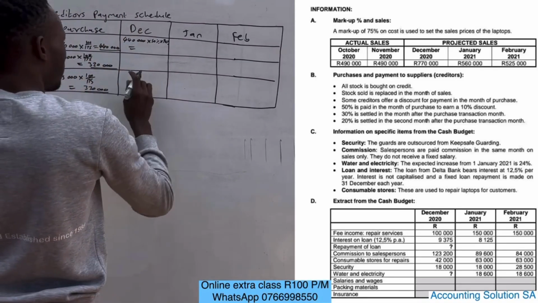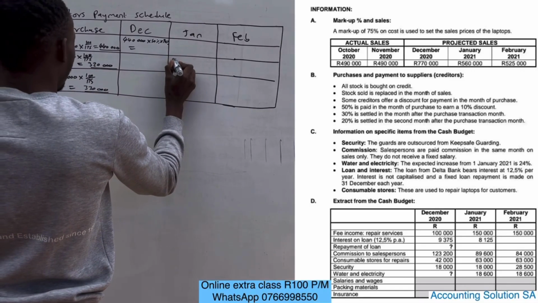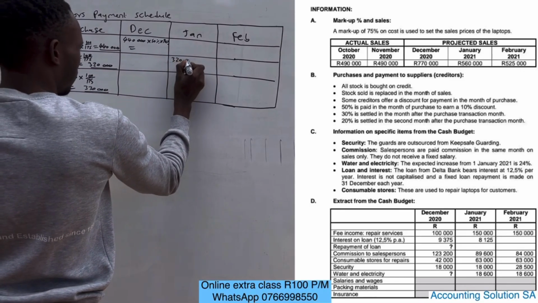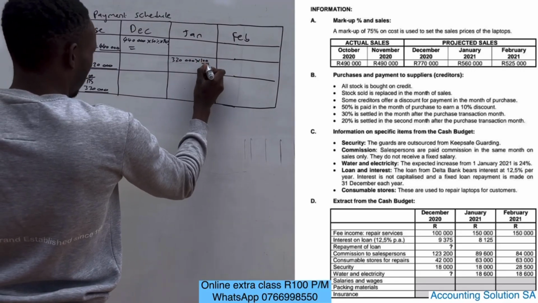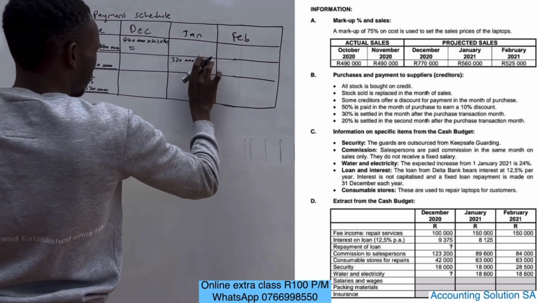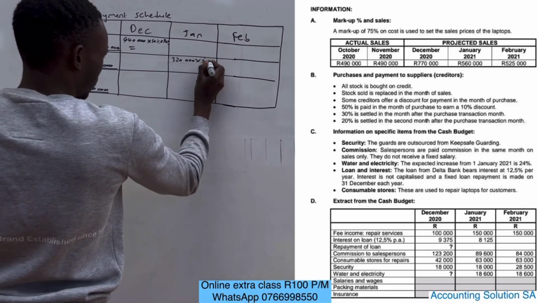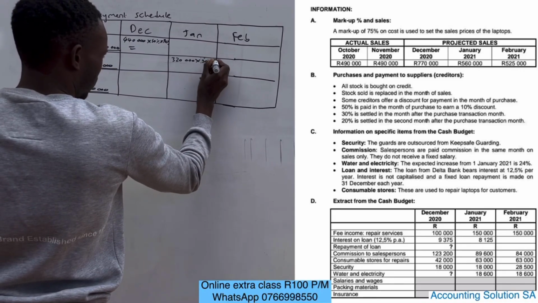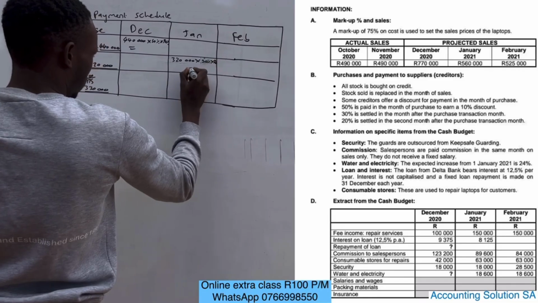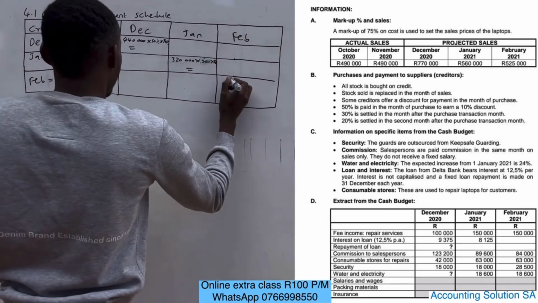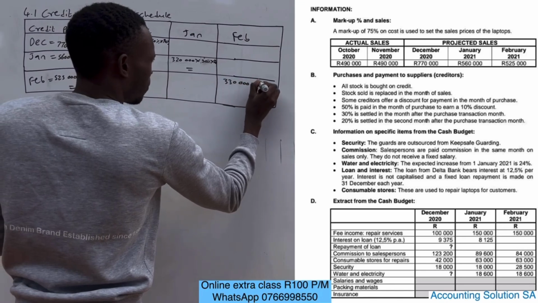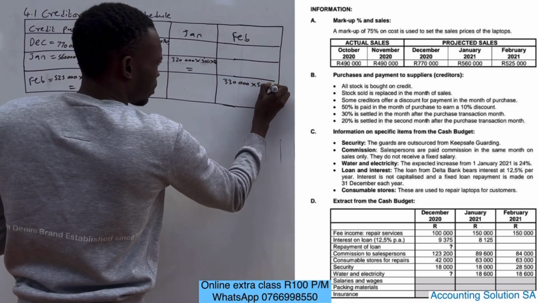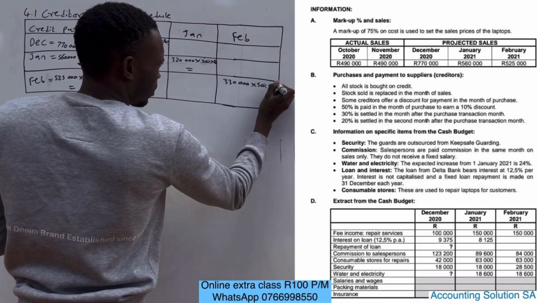We get the answer. January meets here: 320,000 multiplied by 50% multiplied by 90%. It's going to give us the answer. And we go to February, we do the same: 330,000 multiplied by 50% multiplied by 90%.